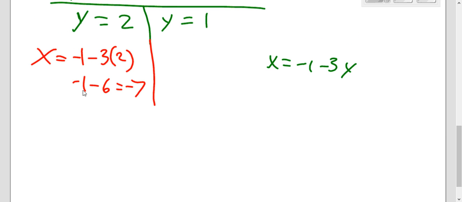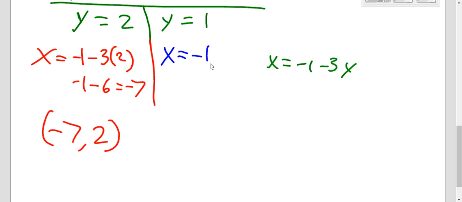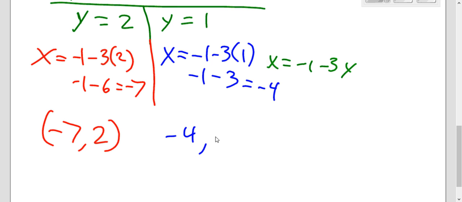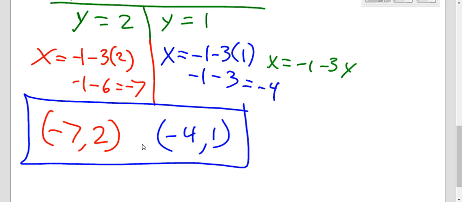So this first ordered pair is (-7, 2). Next, x equals -1 minus 3 times 1. That's -1 minus 3, which is -4. So that ordered pair is (-4, 1). So there's our two ordered pairs.